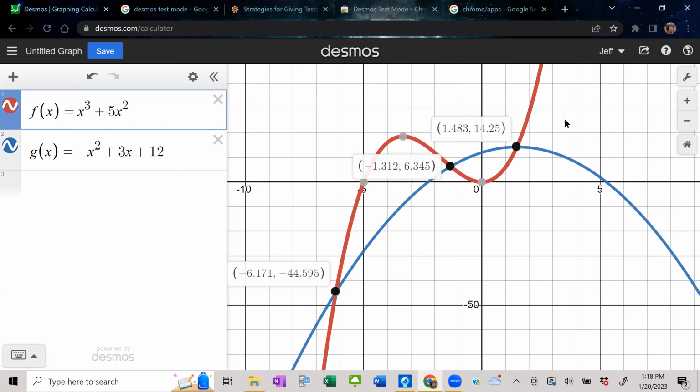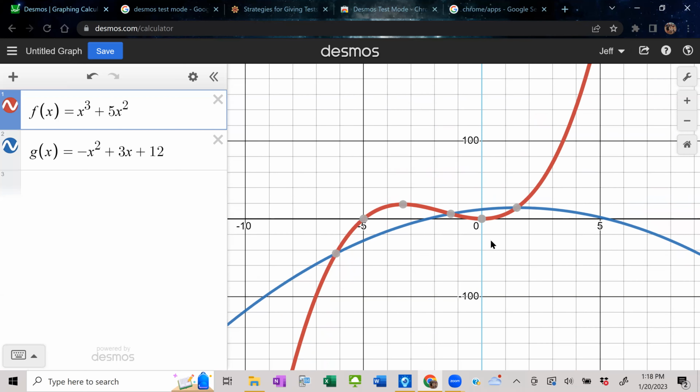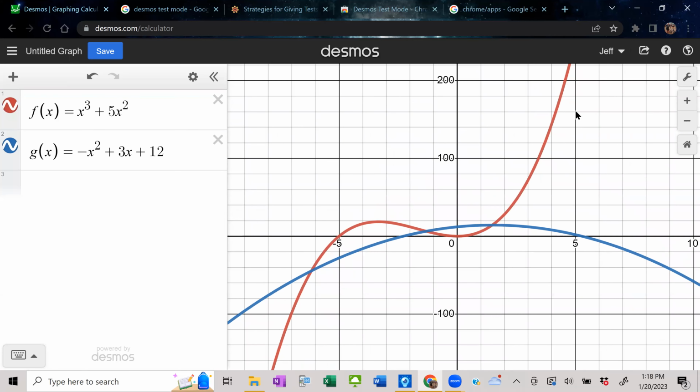And it stays above that graph, well, kind of forever. So if I zoom out a little bit, or along the y-axis, you can see that this function keeps going up, whereas our parabola bends down. So to the right of that point, it's always greater than, let's see, there it is. It's always greater than g of x.